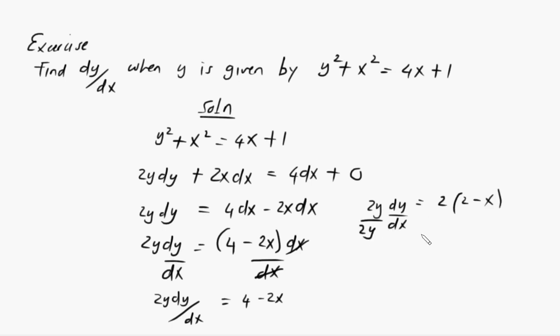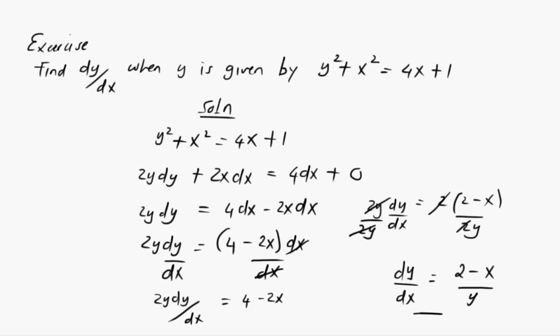So now I divide by 2y here, by 2y here. So my dy/dx is just equal to (2 minus x) over y. There. So that is implicit differentiation of an implicit function.